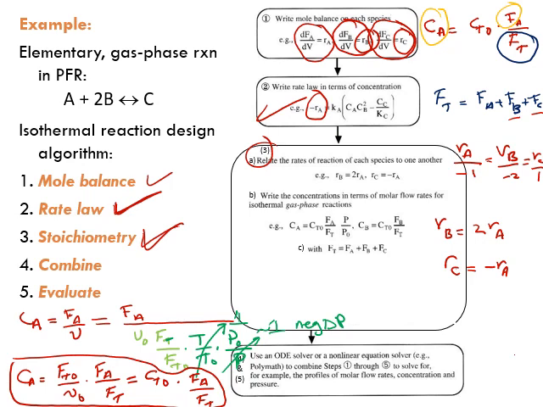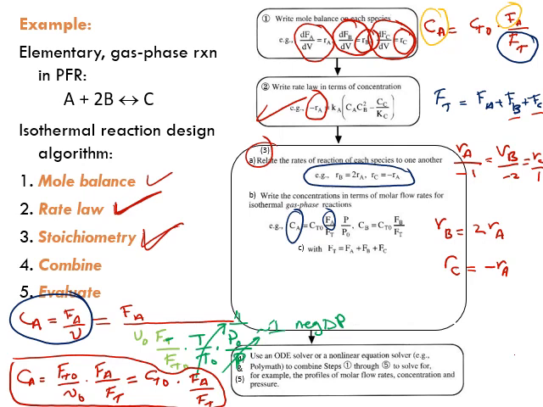To summarize, in the stoichiometry step, you might end up writing sub-steps. The first step is to relate the reaction rates together. The second step is to write the concentration as a function of molar flow rate using the basic definition of Ca.